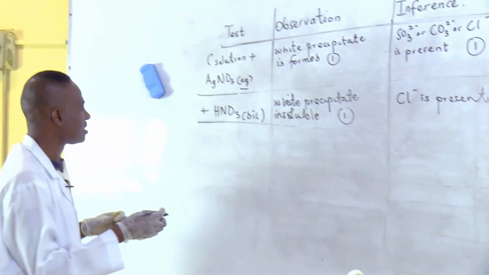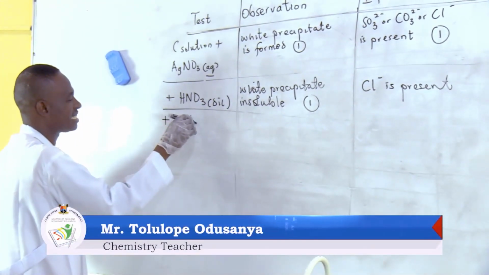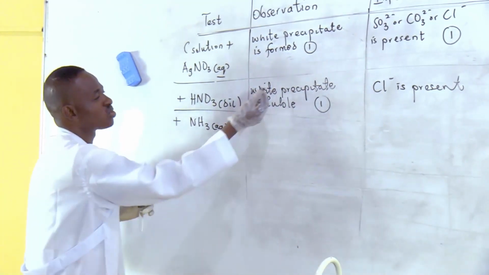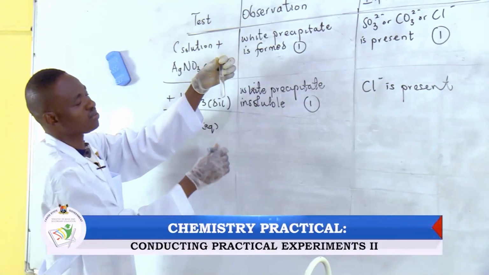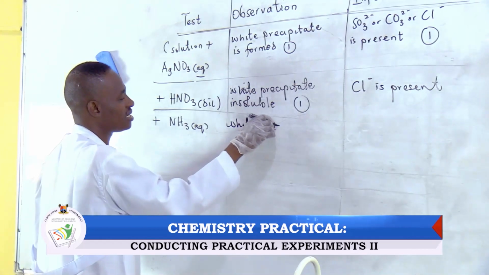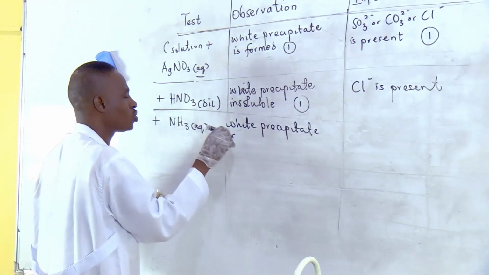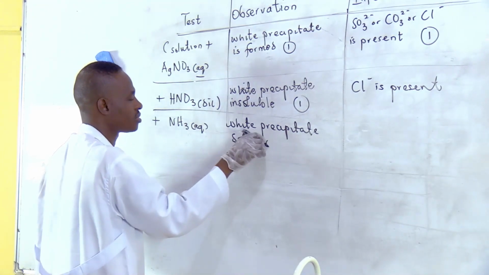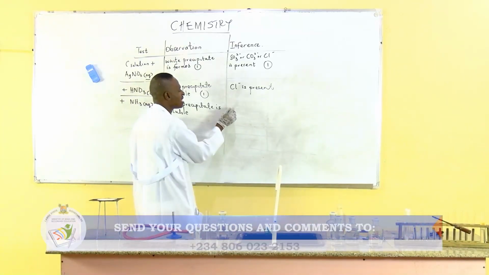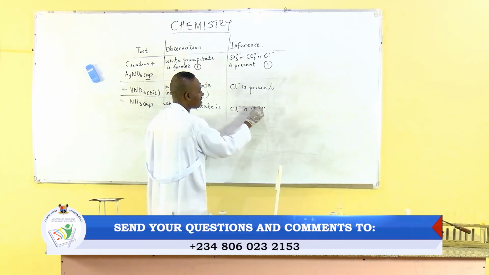So to do that, I will say plus NH3 aqueous. So we call it aqueous what? Ammonia. So what happened to the white precipitate? As you can see here, white precipitate soluble. So white precipitate is what? Soluble. So what will be my inference? Cl minus is confirmed.